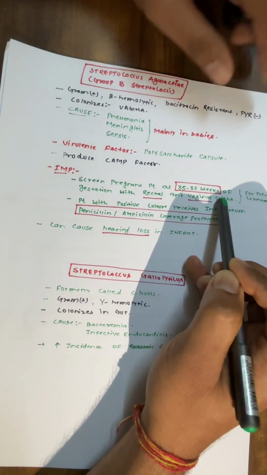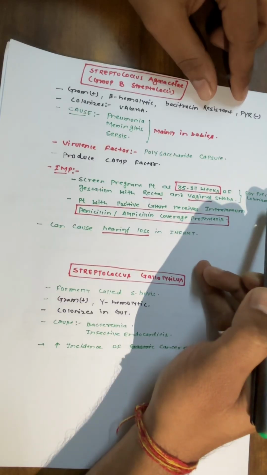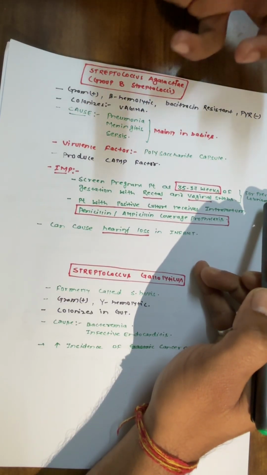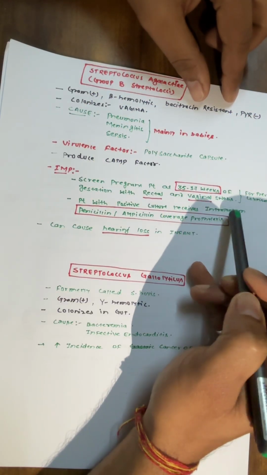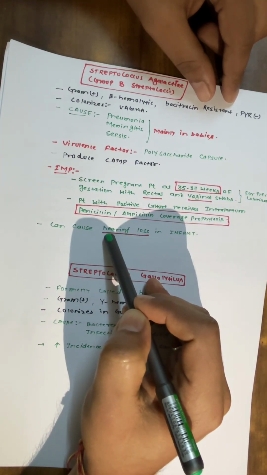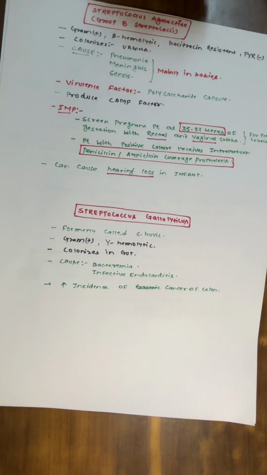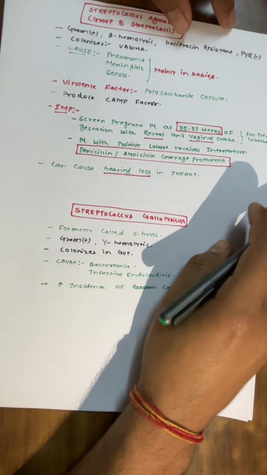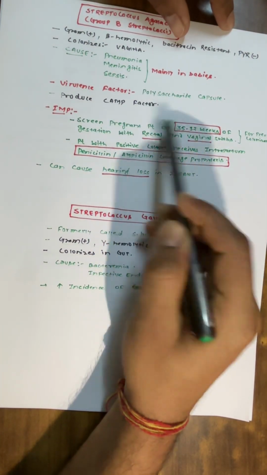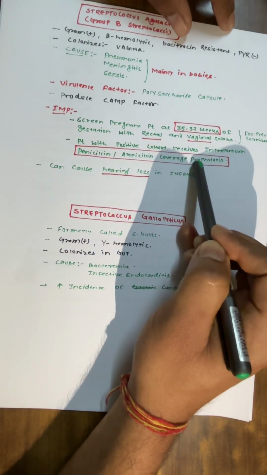If the patient is positive, then we provide penicillin or ampicillin prophylaxis to prevent colonization of the newborn, because it can cause permanent hearing loss in infants. Sometimes an MCQ asks in which week we usually screen the patient. So at 35 to 37 weeks, if positive, we give penicillin or ampicillin prophylaxis.